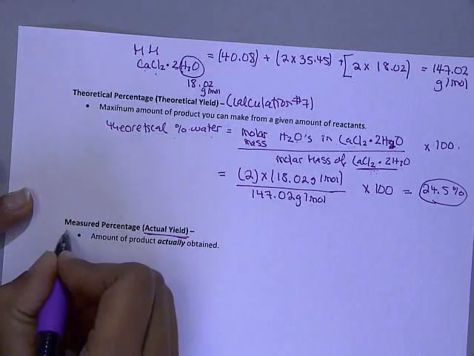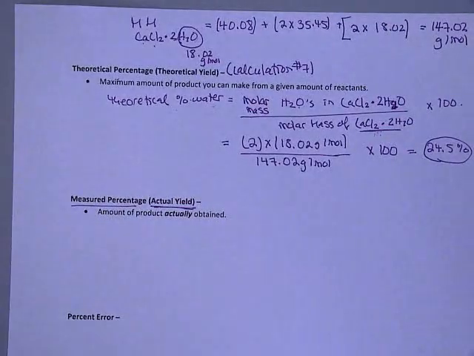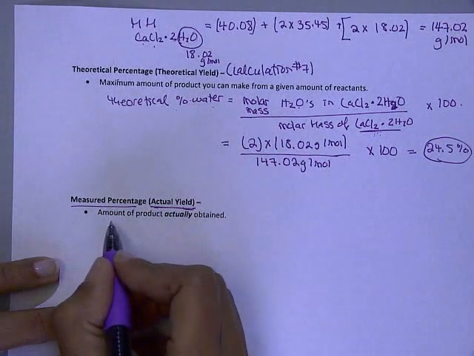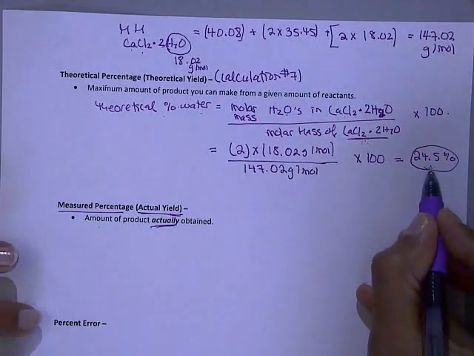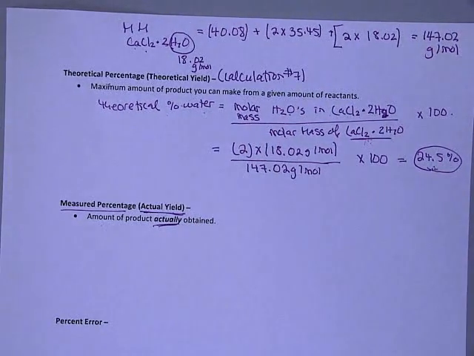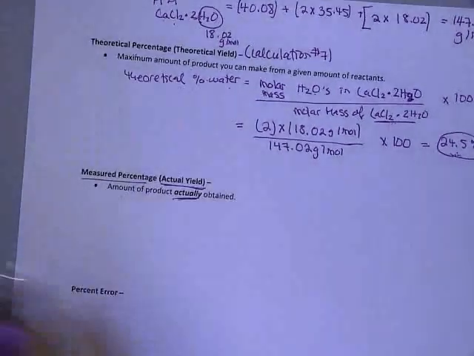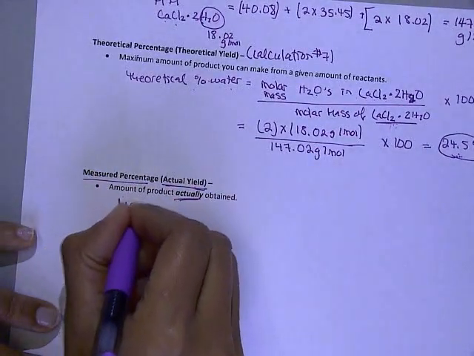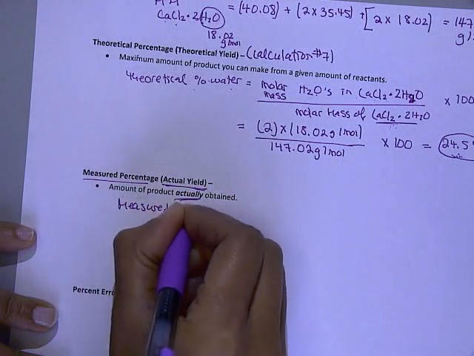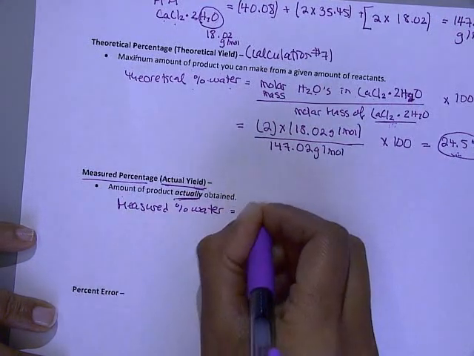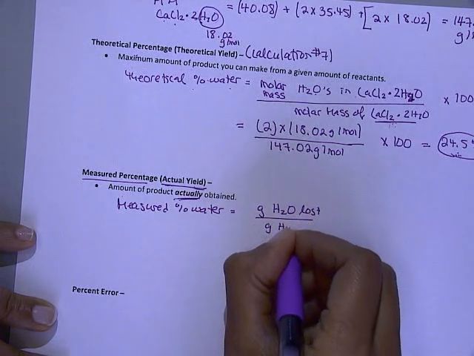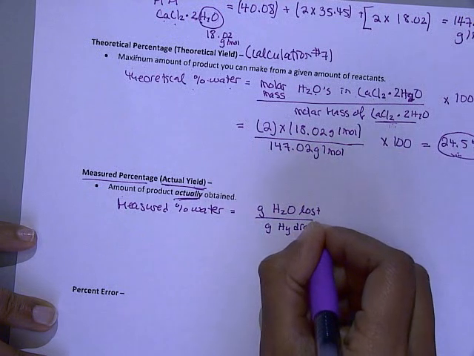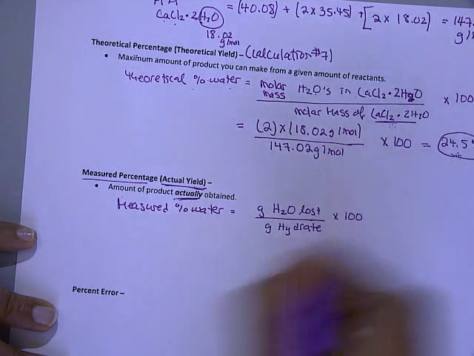Let's do our actual yield, in other words, measured percentage, what you actually produced. So the actual yield is the amount of product actually obtained. Theoretical yield is, in a perfect world, if our experiment went perfectly, the maximum amount of water obtained. So let's go ahead and calculate our measured percent of water. That is our grams of H2O lost over the grams of hydrate times 100.